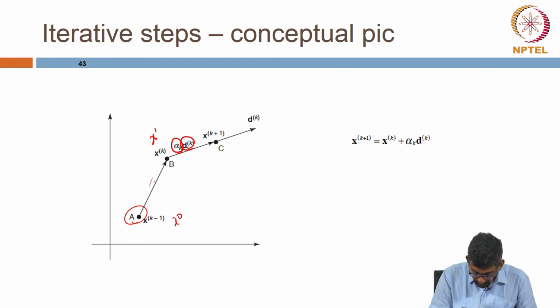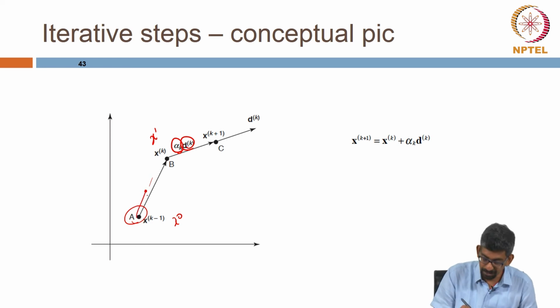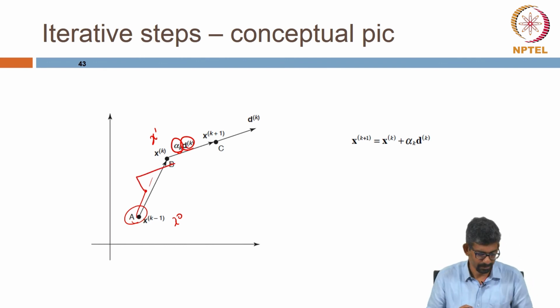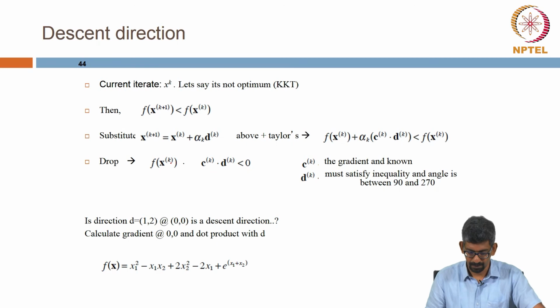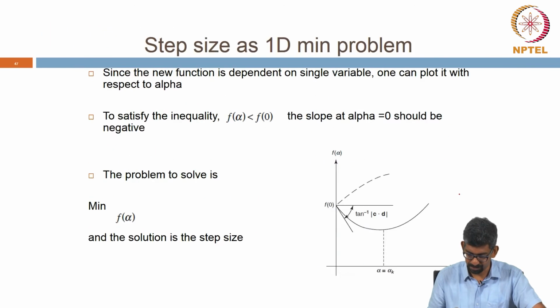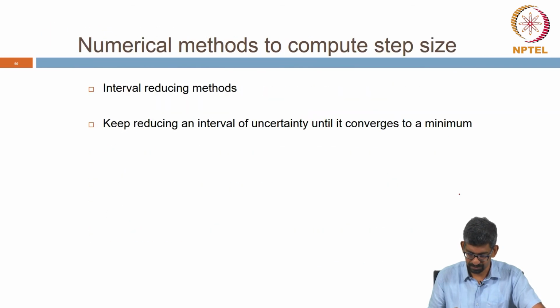Let us say that you had a different function here. Your line search would have allowed you to go only up to here. Then you might have to go in this direction and then come in this direction, maybe. Let us not worry, these are interesting derivations, but I am going to skip all this, it is not required for us.